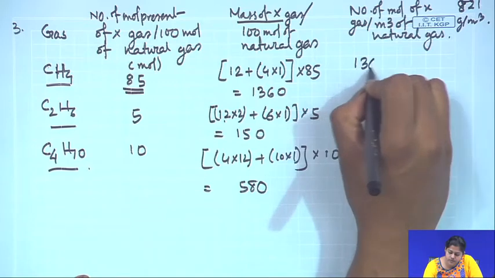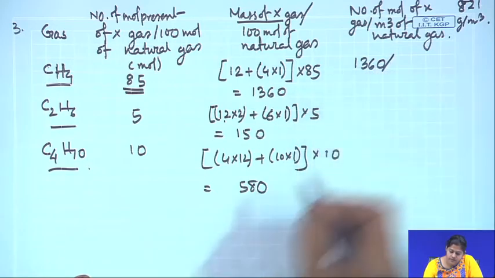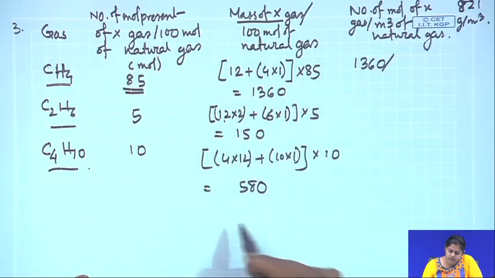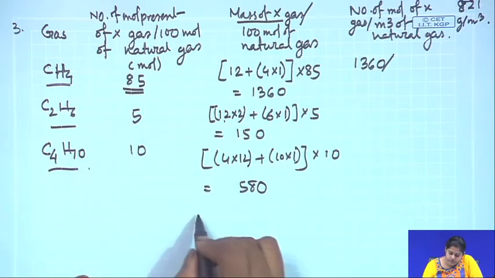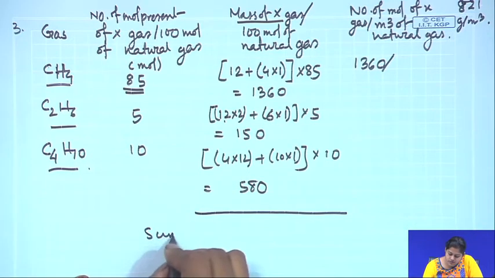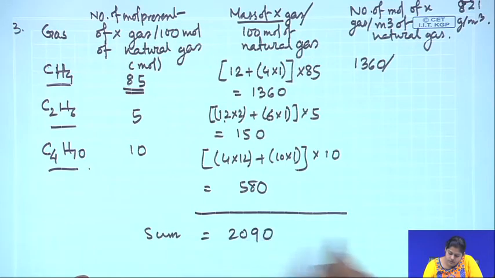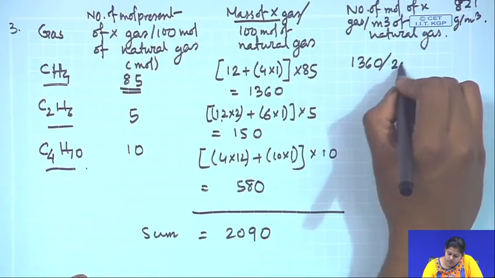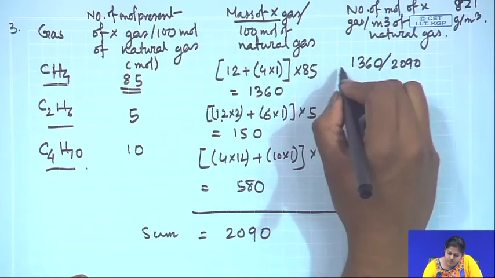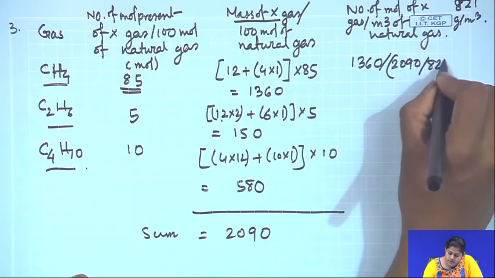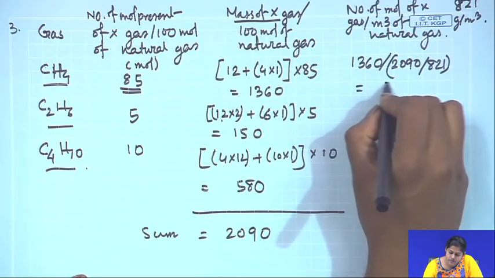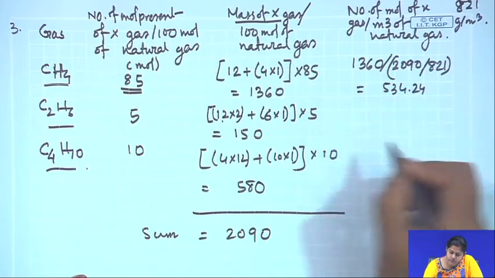So, that will be 1360 divided by, okay, we need to sum up all this data. So, this sum will be 2090. So, this 2090 divided by 821, so that will be 534.24.